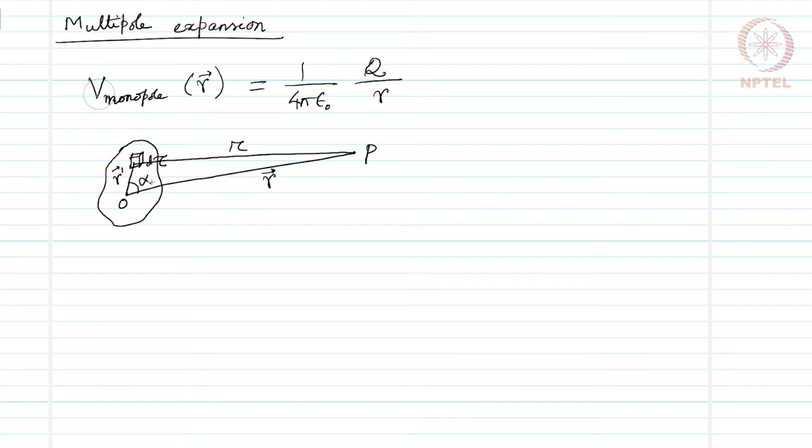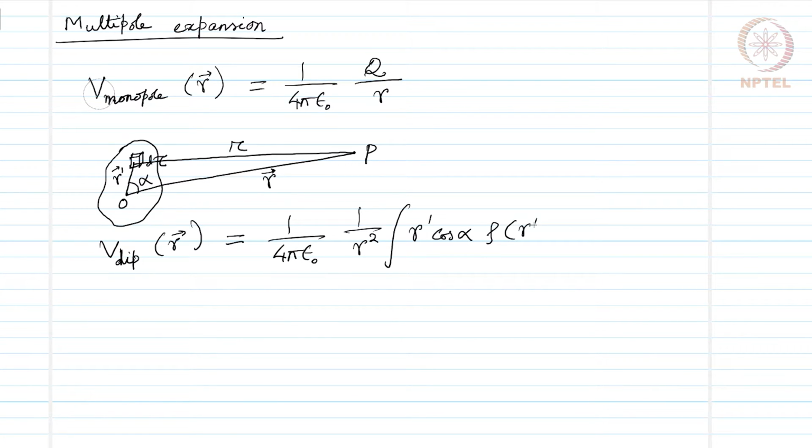If we have this kind of an arrangement, then the potential due to dipole can be expressed as 1 over 4 pi epsilon naught, 1 over r squared, integration r prime cosine alpha rho r prime d tau prime.